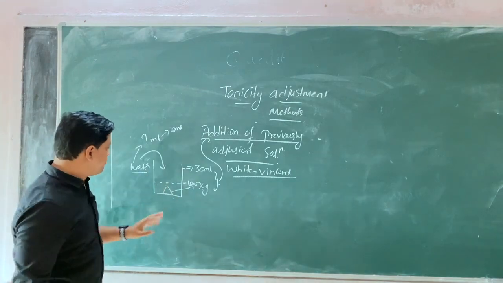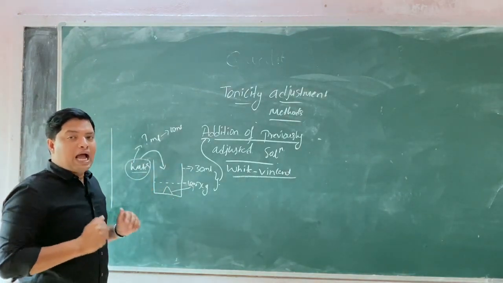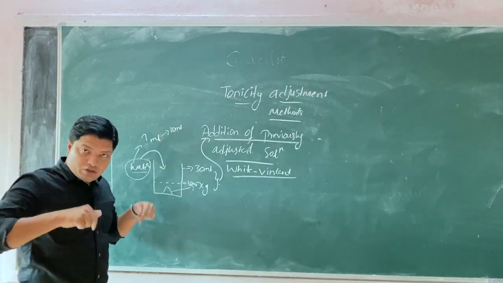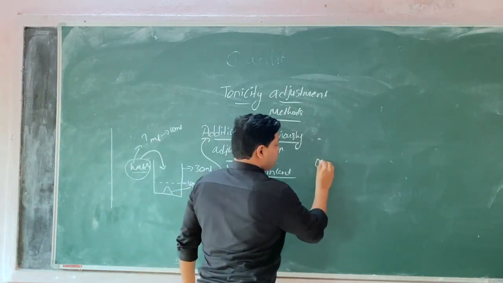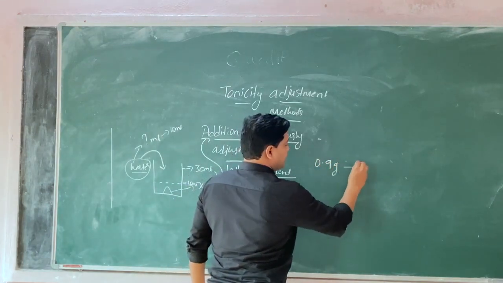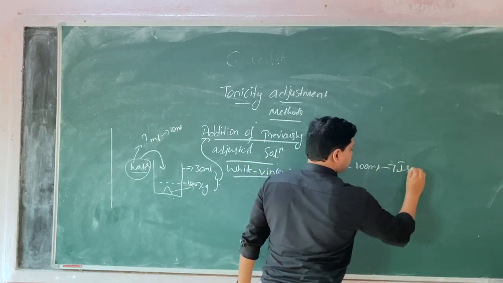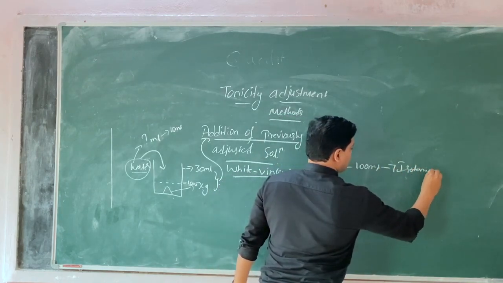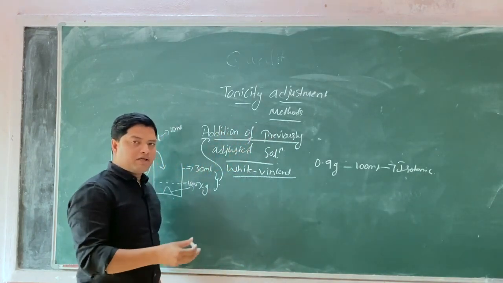So the whole method revolves around calculating how much water is to be added. For that, first we need to know the equivalent. What we know is that 0.9 grams of NaCl in 100 ml gives you isotonic.